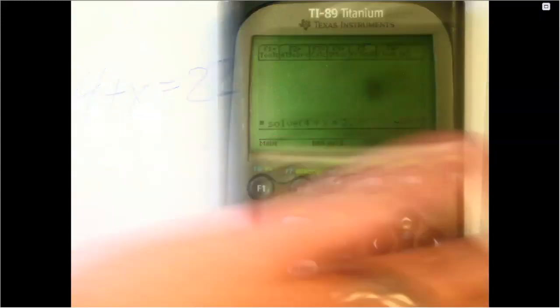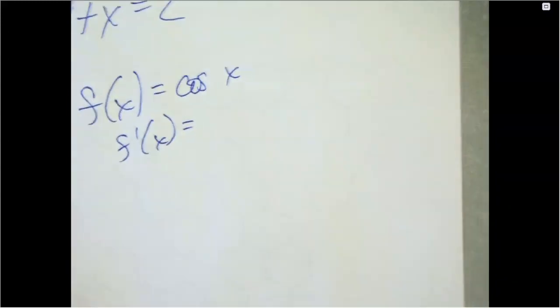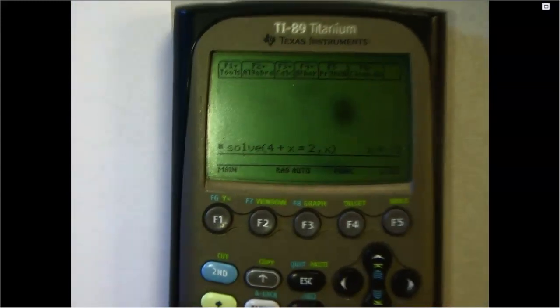So let's say I give you f of x equals cosine of x, and I want you to find the derivative. Again, I know that you know how to do that, but let's just do it on the calculator, to review calculator commands.